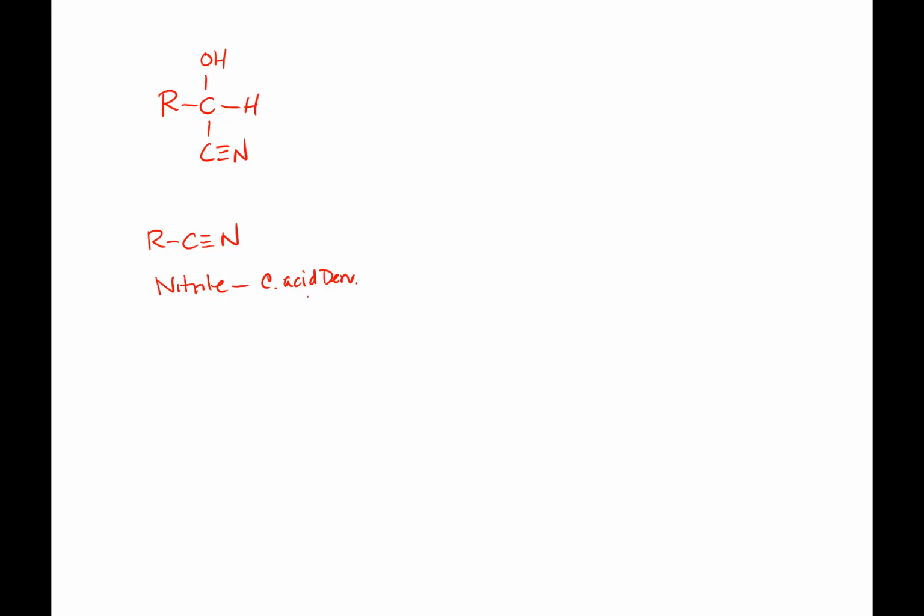Carboxylic acid derivatives are called carboxylic acid derivatives because when you react them with H plus or H2O, you will end up forming a carboxylic acid. So the C triple bond N group here, if I was to treat this with H plus H2O, I would do what is called, and this reaction is called hydrolysis.